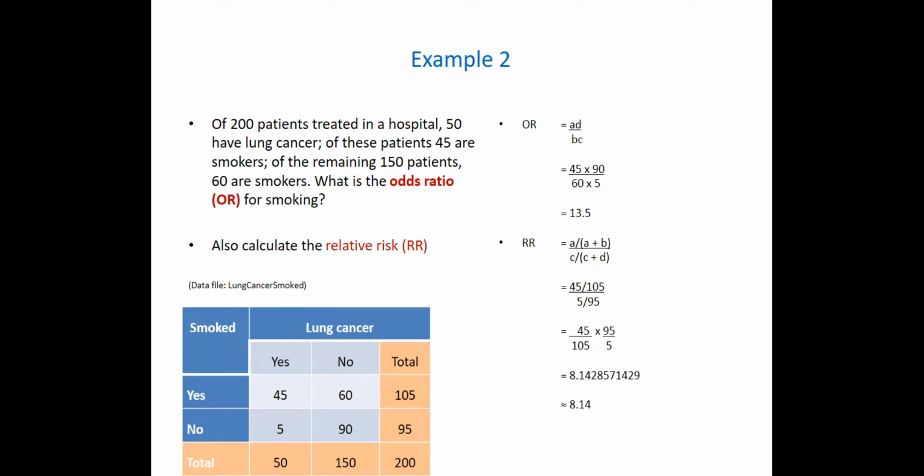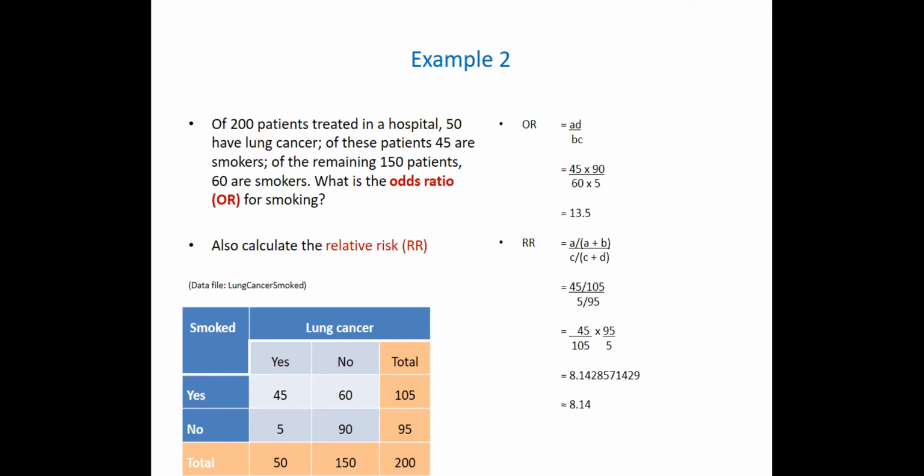Forget about people that don't have cancer; those that don't have cancer and smoke is 60.